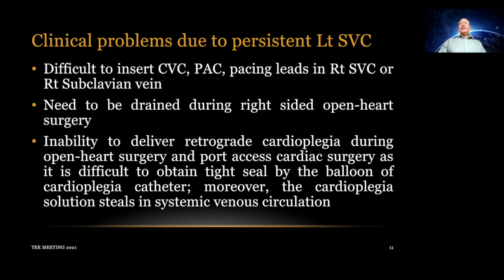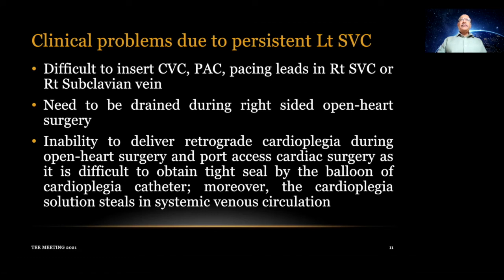So now let's see the problems associated with persistent left SVC. Since normally the confluence of left subclavian and internal jugular joins the right SVC, the right SVC is quite large. But in patients where the left and right drain separately into the heart, the SVC is relatively small.